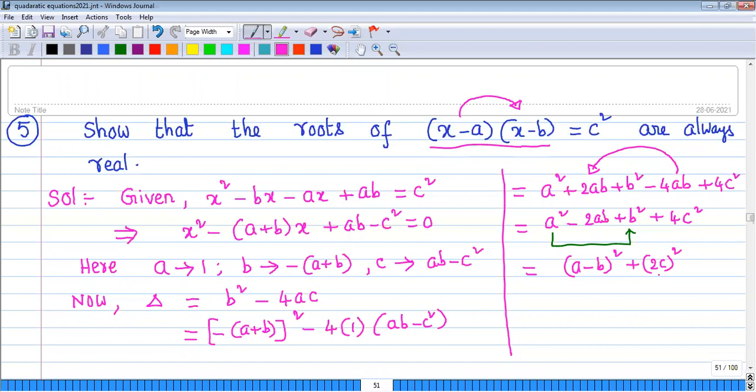It cannot be 0, it's always positive, because square of any real number is always positive. That's why we can say that here delta is greater than 0. So hence the roots are always real.